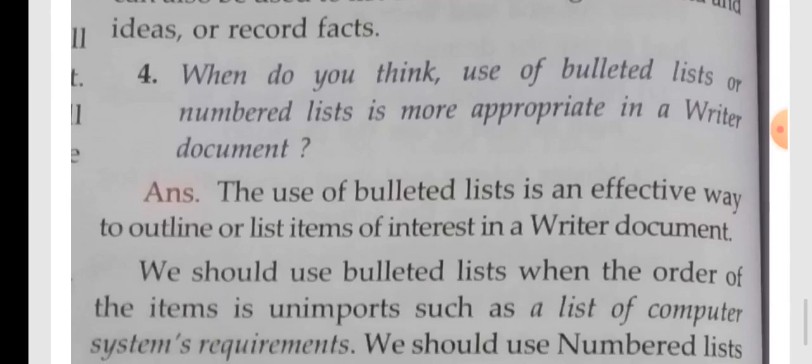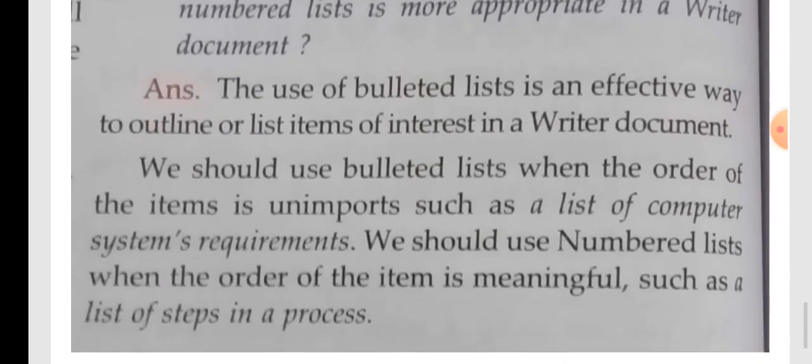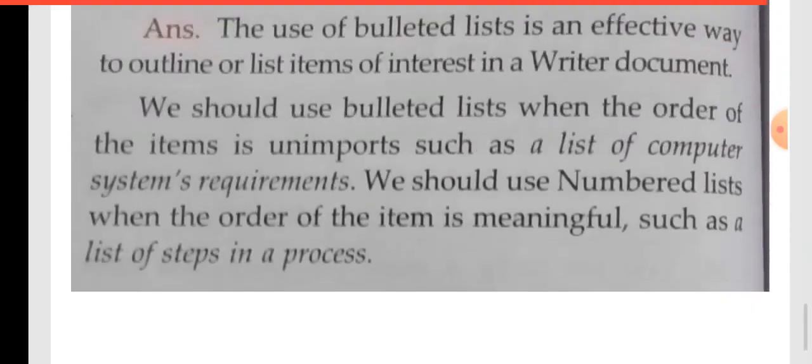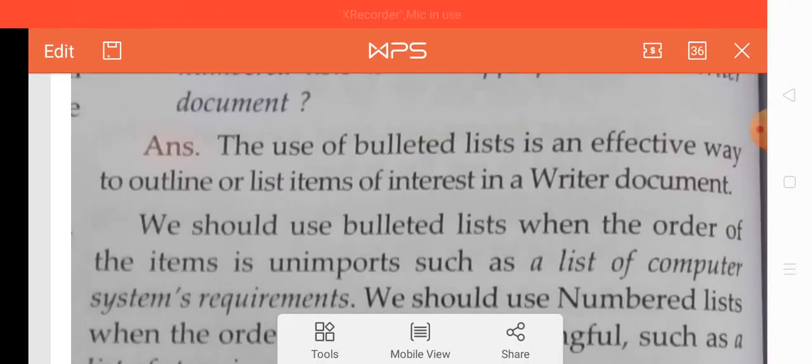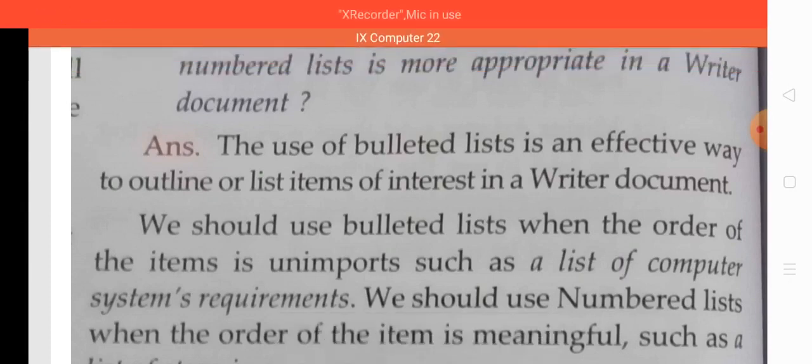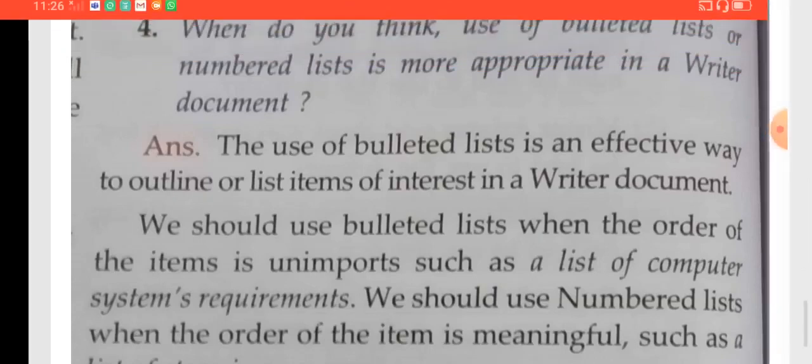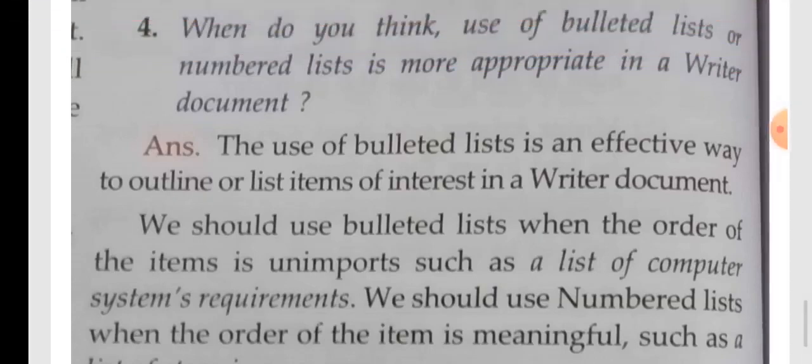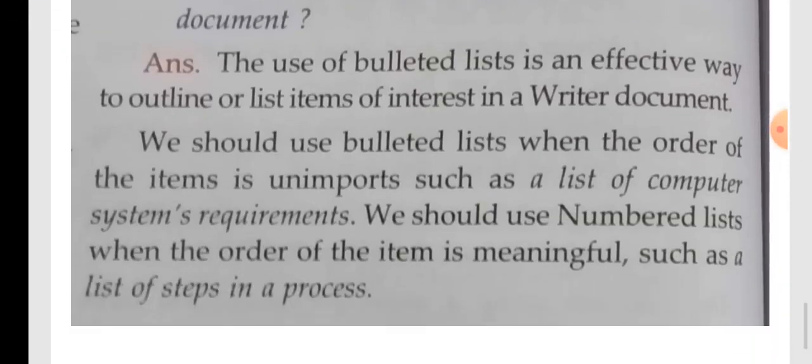The next question is, when do you think a bulleted list or numbered list is more appropriate in a Writer document? So the use of a bulleted list is an effective way to outline or list items of interest in a Writer document. We should use a bulleted list when the order of the items is unimportant, such as a list of computer system requirements.